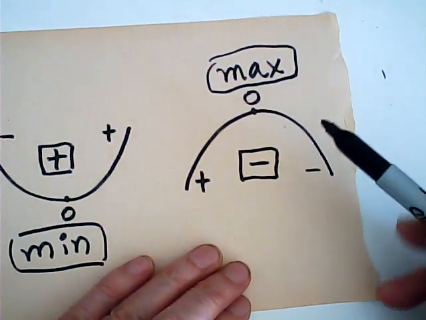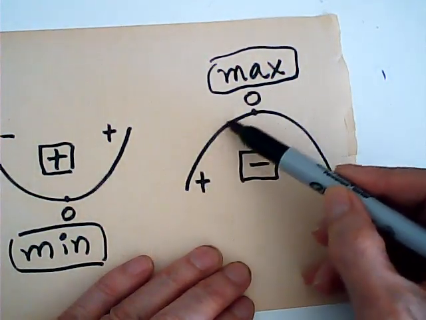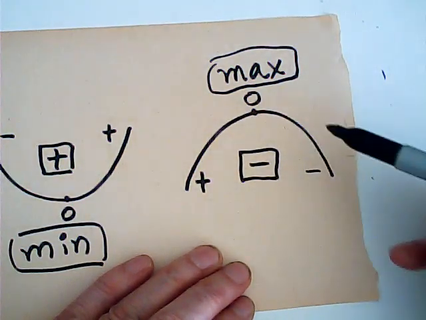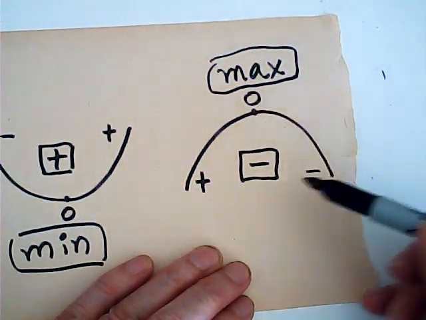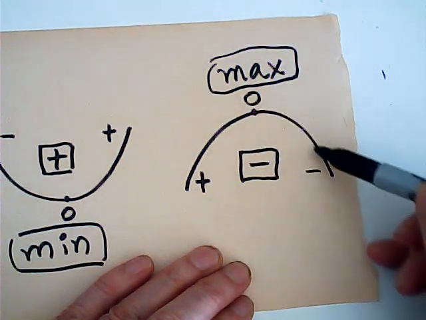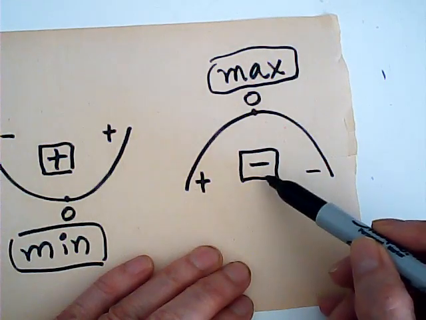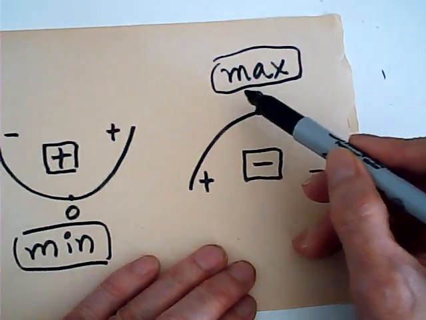Here is the same thing. First derivative is positive, second derivative is negative, this is the shape. First derivative is negative, second derivative is negative, this is the shape. First derivative is 0, second derivative is negative, it's the maximum value.